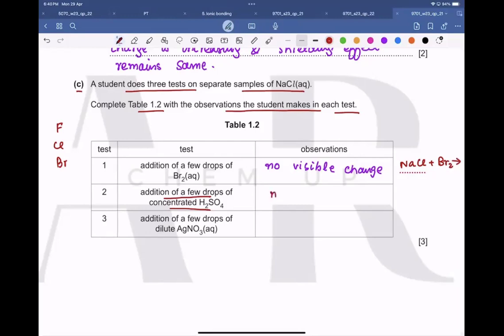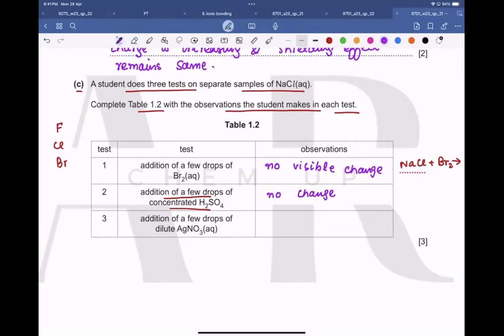No change would be seen. And if we add more amount of concentrated sulfuric acid, then in that case, the hydrochloric acid is formed as a gas, and we would write that steamy fumes have been seen, right? Because we are adding everything into sodium chloride. So with the sodium chloride, few drops would not make any change.